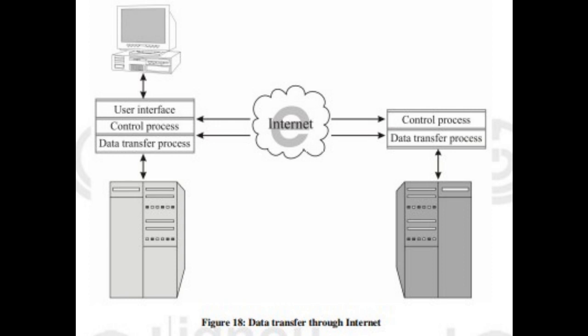The virtual key to get into an FTP site is the user ID and password. If the creator of the FTP site is willing to give everyone access to the files, the user ID is anonymous. And the password is your email address, e.g. name@domain.com.